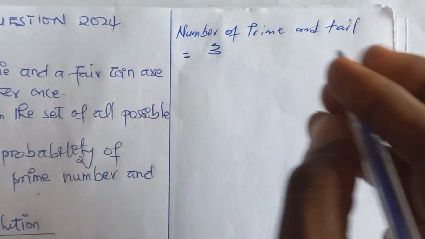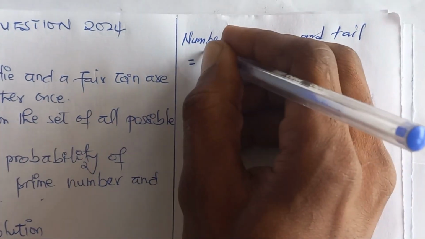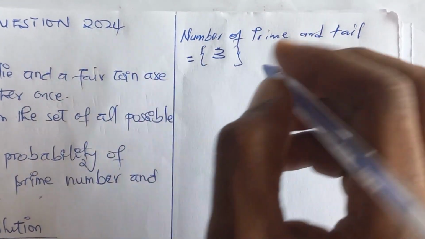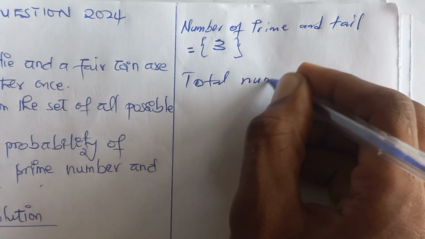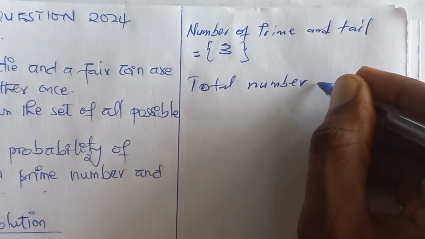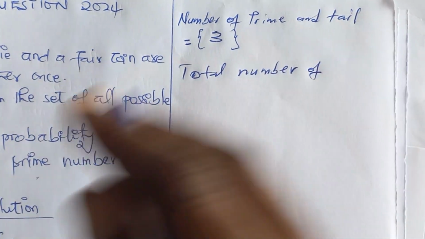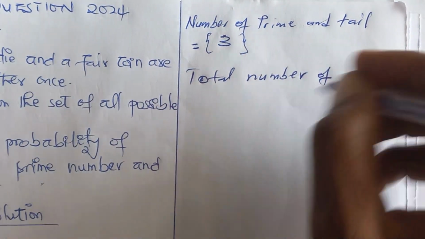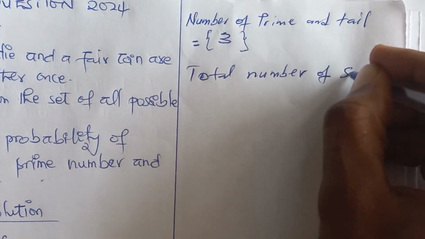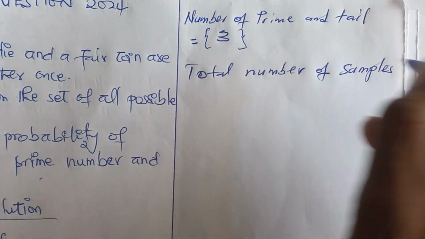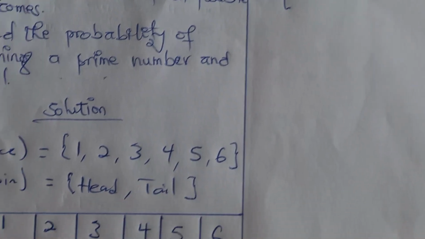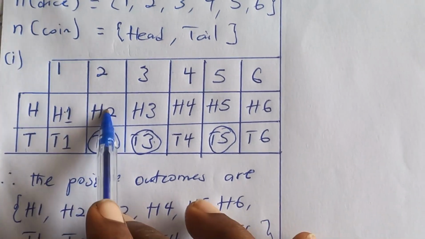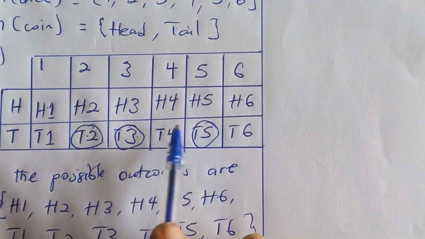Now the total number of the sample, the total number of the sample is equal to this one. We have 1, 2, 3, 4, 5, 6, 7, 8, 9, 10, 11, 12. So it's 12.